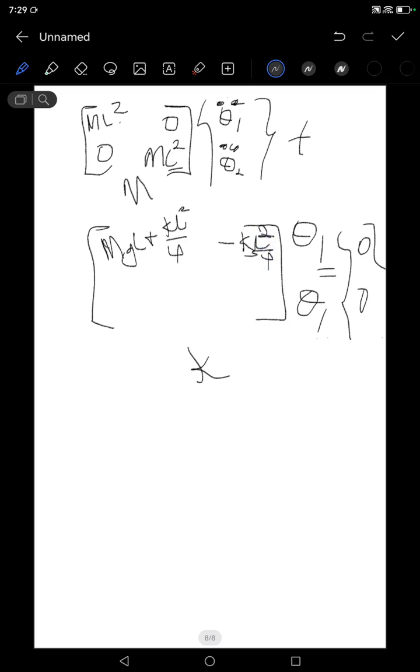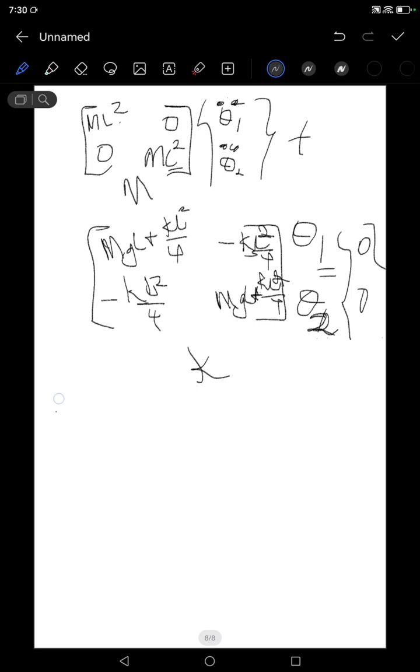On our second equation, we have a negative k L squared over 4 here, and here we have mgl plus k L squared over 4. So this is how our matrix is going to look.